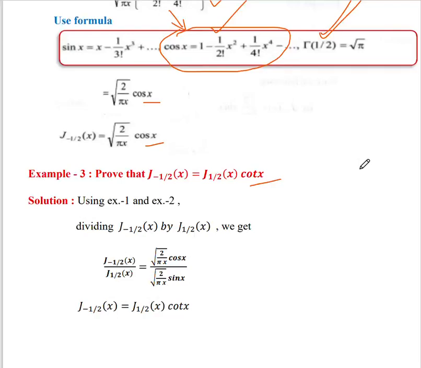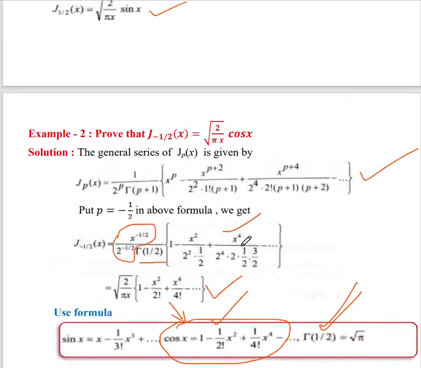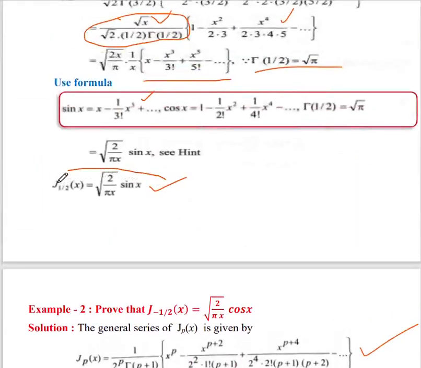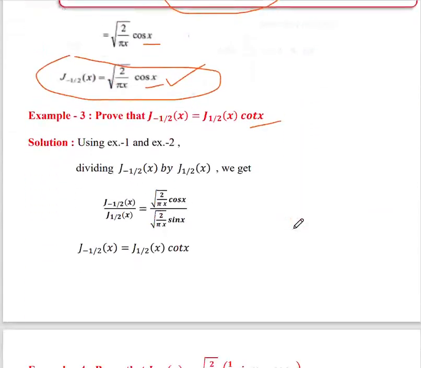Now we know that J minus half of x is this value, and J half of x is this value. So now we will divide J minus half of x by J half of x. We get J minus half of x divided by J half of x equal to root 2 upon pi x into cos x over root 2 upon pi x into sin x.